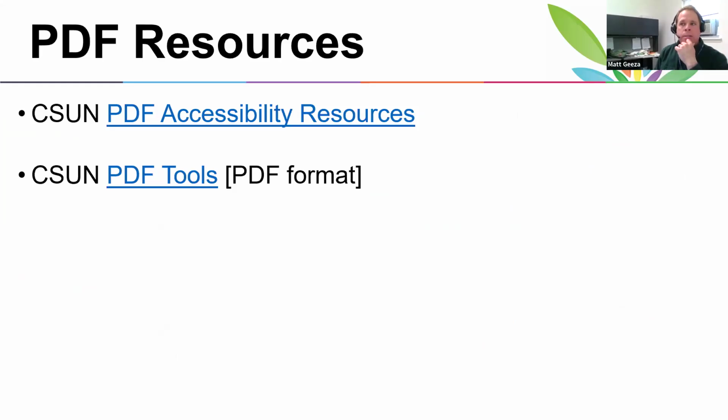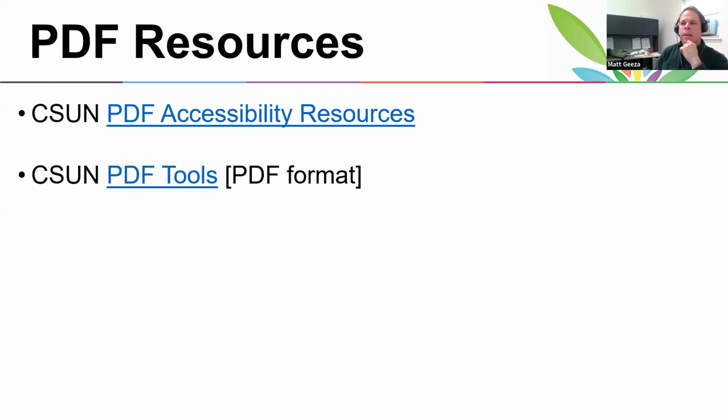Note that in the slides, there are a couple of links for PDF resources. I highly recommend CSUN, the California State University Northridge. They have a great accessible documents page that's part of their website. This first one is PDF accessibility resources, which contains links to trainings and slideshows that they've done.